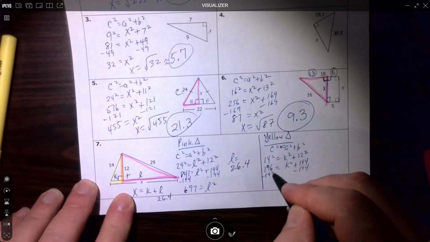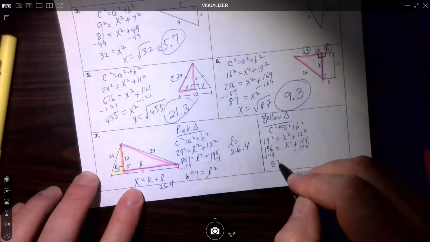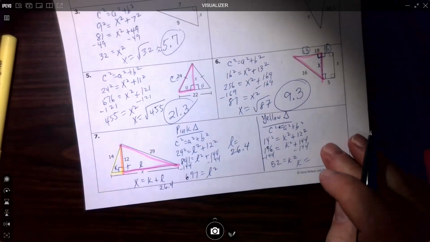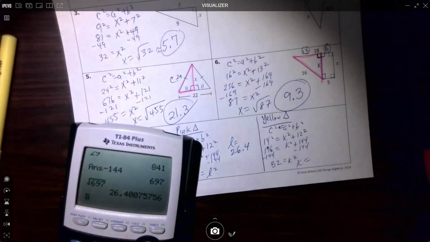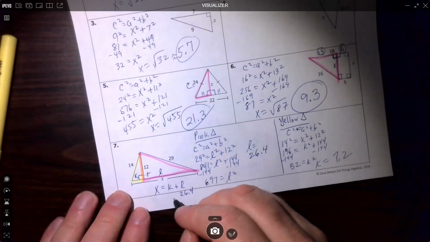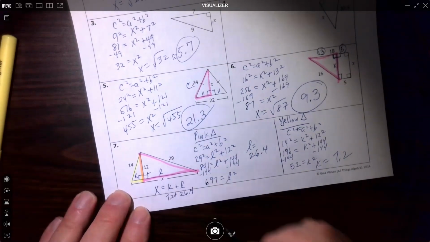Subtract. That looks like 52. k squared is 52, so k is 7.2. So I'm going to go over here and add 7.2 to that.